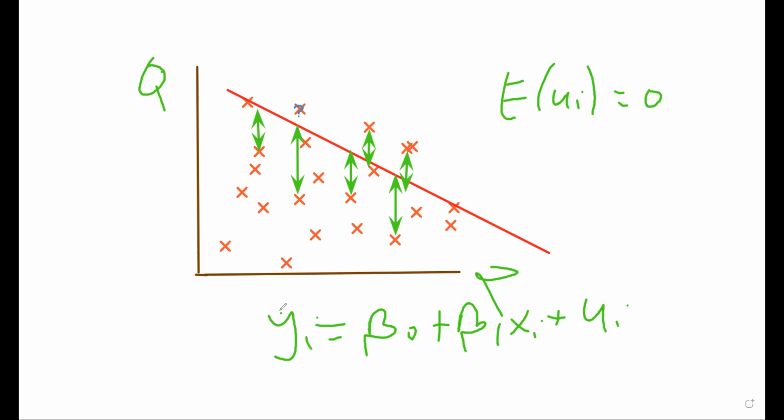Now that we've estimated, we now have y cap, because y has been estimated. So the estimated line becomes beta naught cap plus beta 1 cap x. The error is zero.